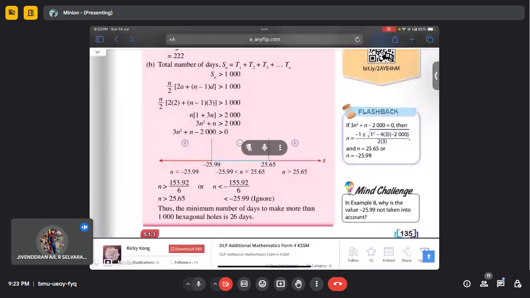So n is more than 25.65. More than 25.65 means they will take 26 days to make more than 1000 hexagonal holes. You can't write 25 days because it's more than, not more than or equal to. So the answer is 26 days. Yeah, that's it.